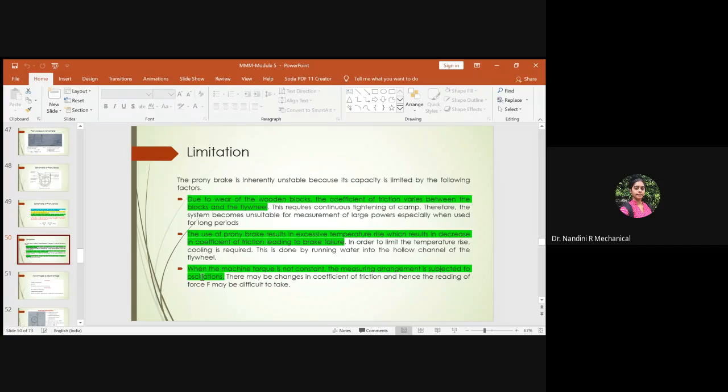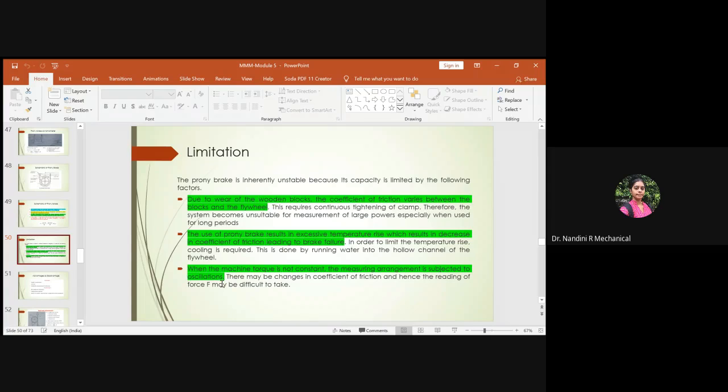The third one is that the machine torque is not constant. The measuring arrangement is subjected to oscillations. Therefore, changes in coefficient of friction occur and the readings of the force may be difficult. So you have to see that you get an almost uniform torque without subjecting it to many oscillations.